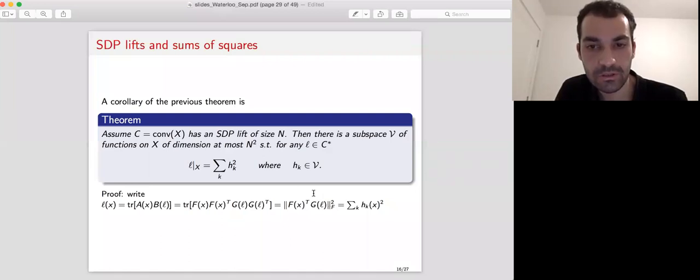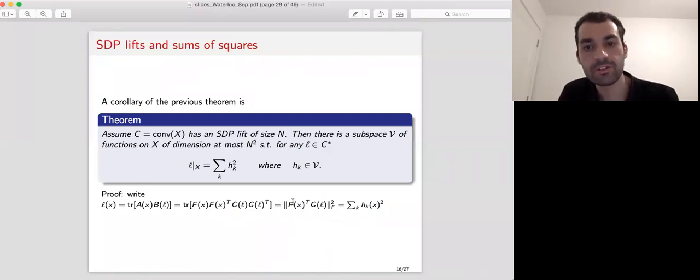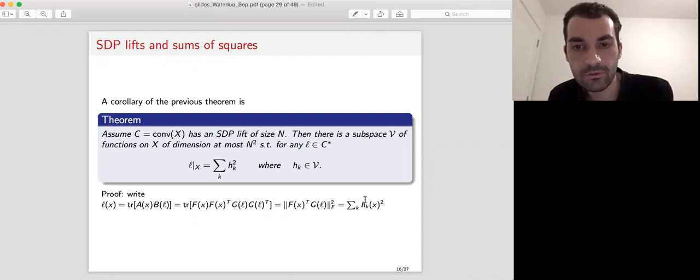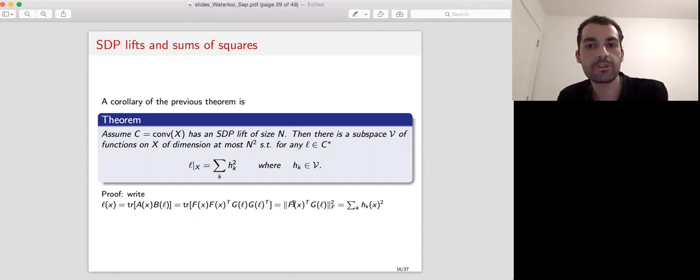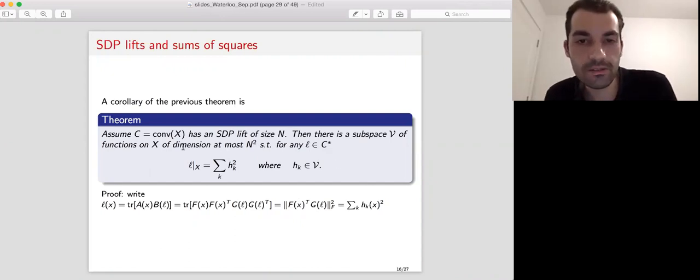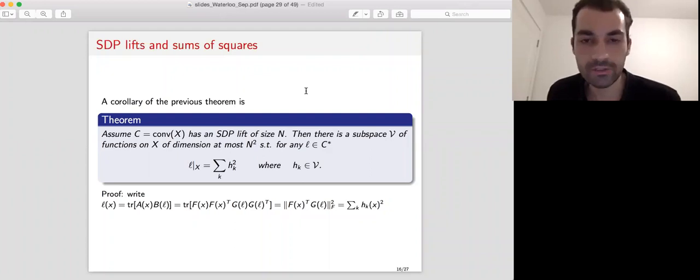This Frobenius norm squared of the matrix, each entry of this matrix is a linear combination of the entries of F of X, and so each h_k is a linear combination of the entries of F of X. My subspace is just the span of all the F of X. This is the main thing that I will need to prove my result.